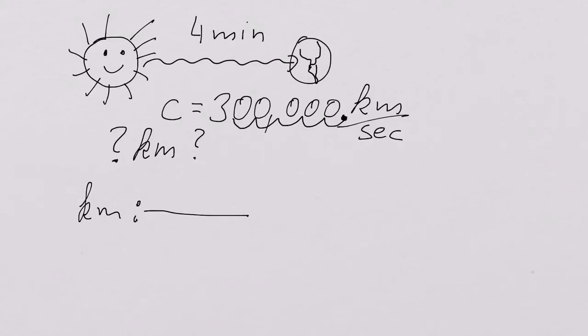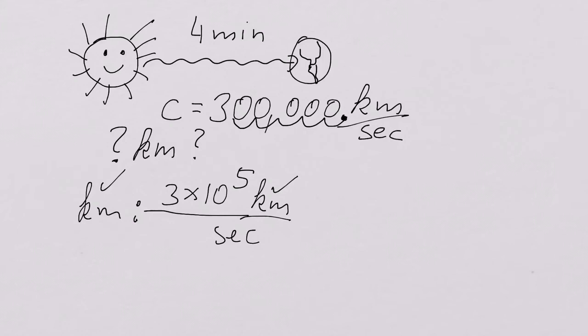Yeah? 3 times 10 to the 5 kilometers per second. Excellent. I've got my right unit here on top. Right? But I have seconds. Need to get rid of the seconds.